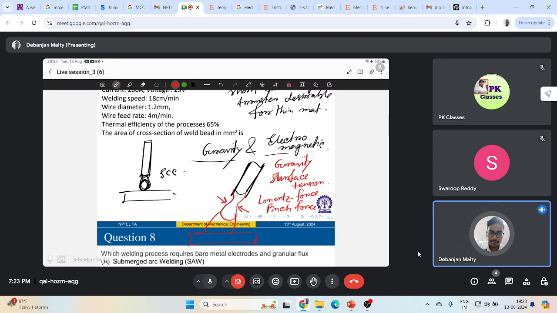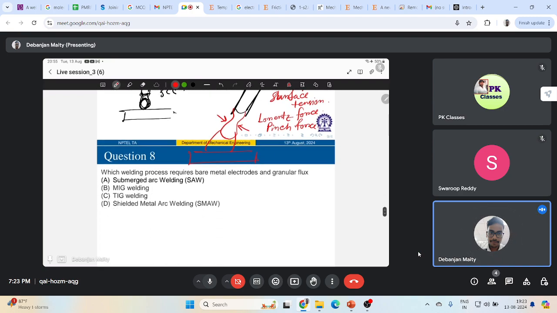When the cross section of the conductor is increasing in the direction of the current, this electromagnetic force will also act in the direction of the current. So these are the forces which will result in detachment of the metal transfer and result in different modes of metal transfer.